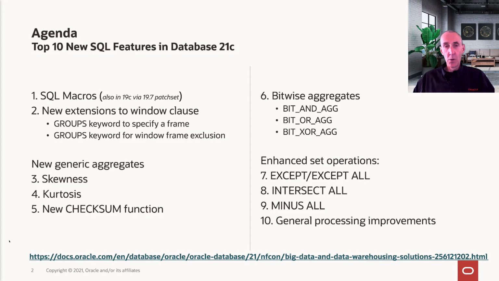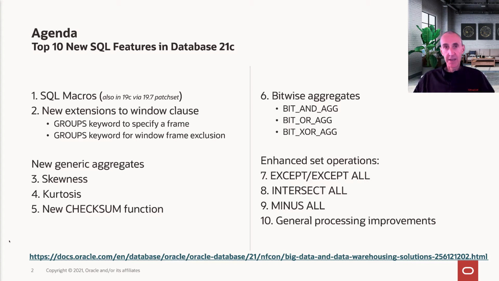Of course, all of the new features are in the documentation for this version of the database, so feel free to follow that link at the bottom and explore all the great new features that we have. From a SQL perspective, there's a lot of stuff that we've packed into this version. Let's start on the general side.